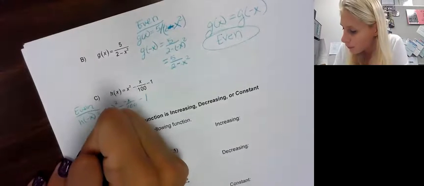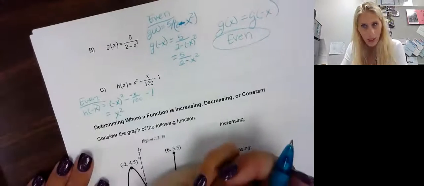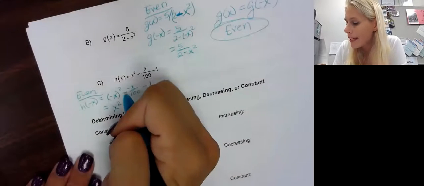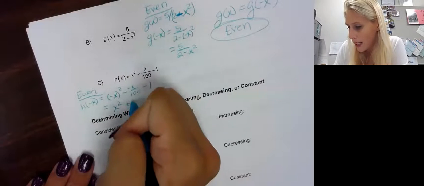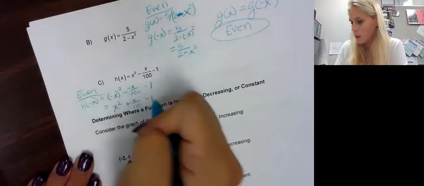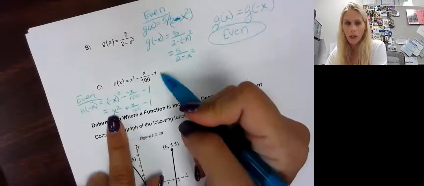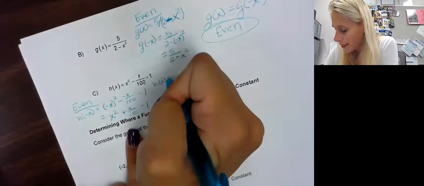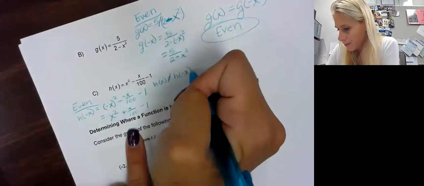So if we were to simplify this, this would come out to a positive x squared, again, because a negative times a negative is a positive. This minus a negative becomes a positive. And the minus 1. So we can definitely see here that these two functions do not equal. So h of x does not equal h of negative x.